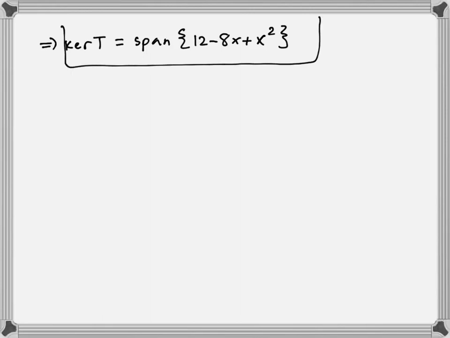This implies that the kernel of T is equal to the span of 12 minus 8x plus x squared. So we know what the kernel is, and we can say what its dimension is. The dimension of the kernel is just 1, because there's only one polynomial there that we're spanning.